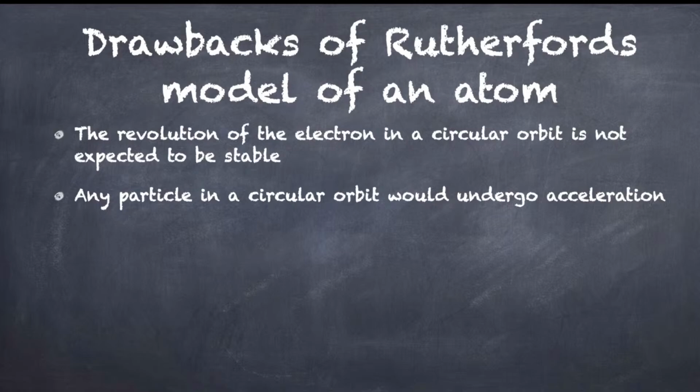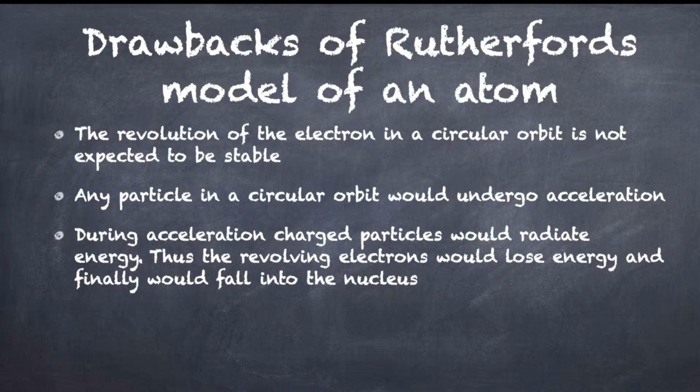The same thing happened. Rutherford said that the atoms had positive charge around which the electrons were revolving. He said the electrons were going around the nucleus in a circular motion, and as they went around the circular path, they emitted energy because they were accelerated, and they lost energy after some time, and all the electrons fell inside the nucleus.